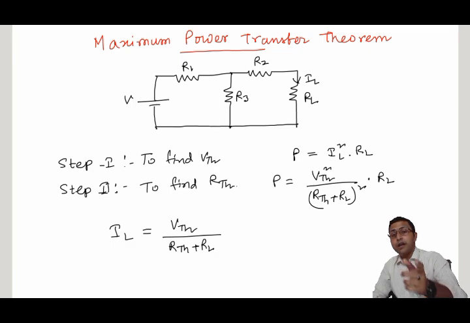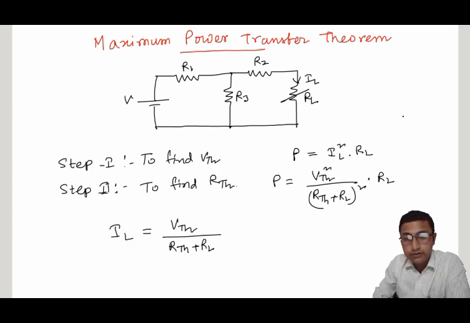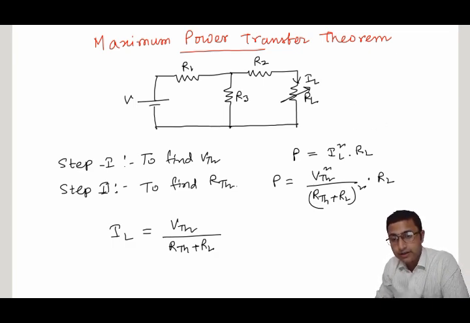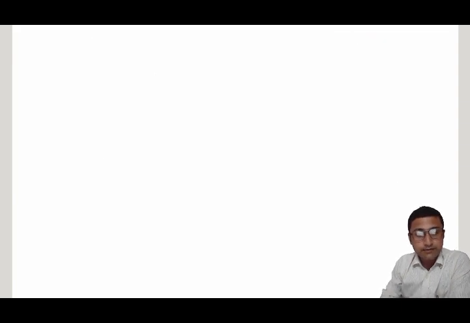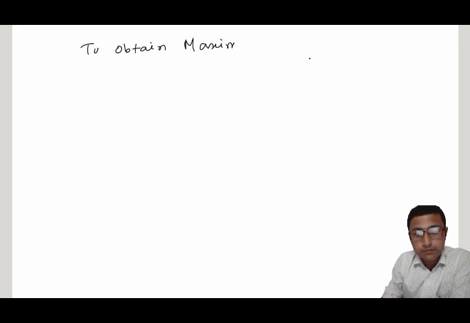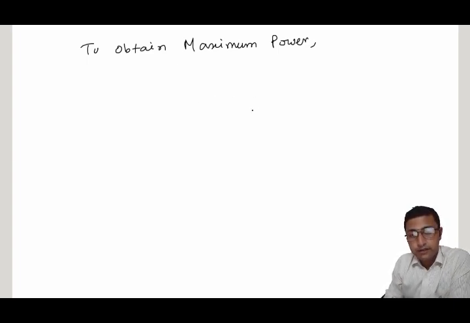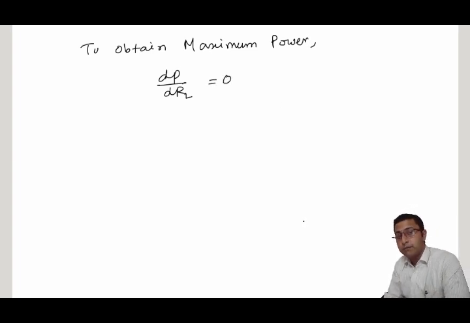With respect to the variable load resistance, because this resistance is variable, RL. So to obtain maximum power, you have to take the first order derivative of the expression of P with respect to RL, that is dP dRL is equal to 0 to achieve the maximum power.